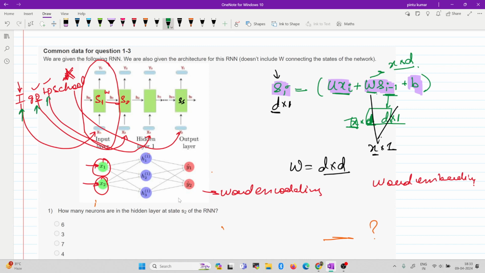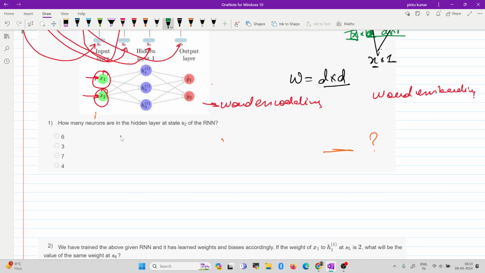One other thing that is coming to my mind is, when these people would have calculated this word embedding, they would have done it for some particular dimension. Let's say they converted every word to dimension 16, but you want your input layer to have only 8 dimensions.